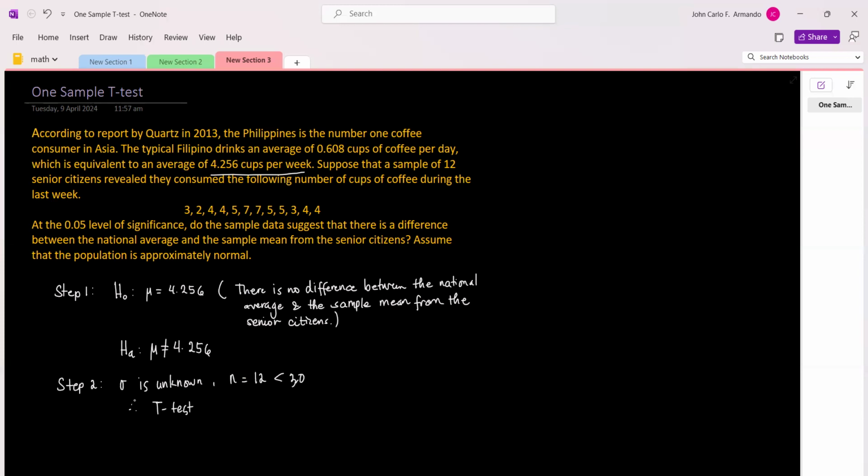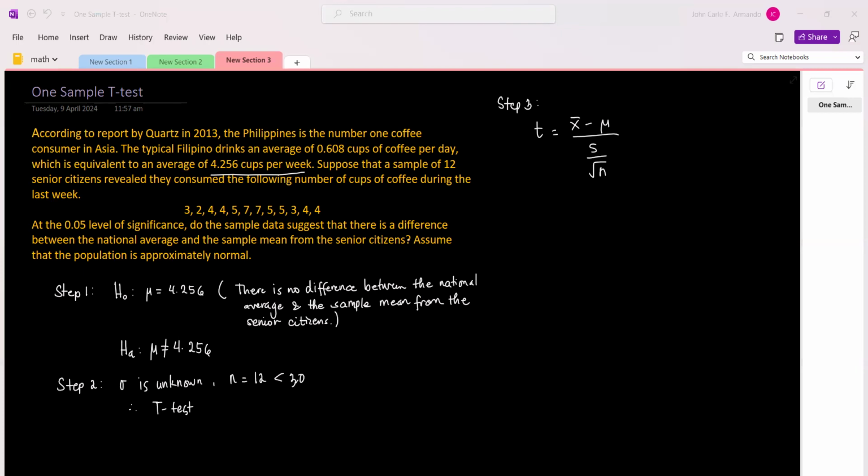So the third step is we're going to compute the test statistic. We're going to use the formula T is equal to the sample mean minus the population mean over the standard deviation of the sample over square root of n. But as you can see, we do not have yet our sample mean and sample standard deviation. So we solve using mode 3, then 1-var.